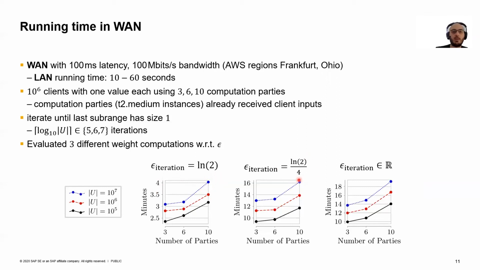If we use a smaller epsilon per iteration, we require more minutes, 60 minutes in this case, for 10 parties, and less than 14 for 3 parties. If we put no restriction on the computation of the epsilon value, we achieve a running time of less than 20 minutes for 10 parties, which is really great if you consider it's a WAN setting.